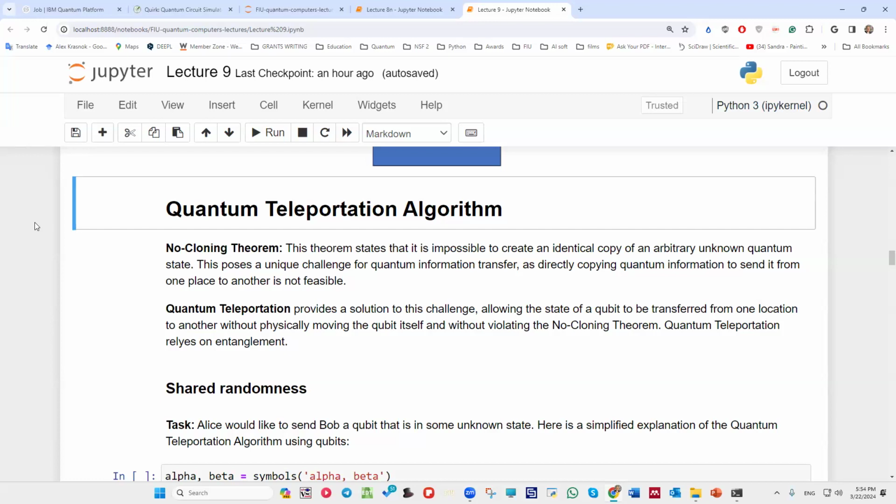Quantum teleportation is completely different. We don't teleport any matter, it's just teleportation of the state. And moreover, this is teleportation of a state that is unknown. So we have no information about the state which we teleport.